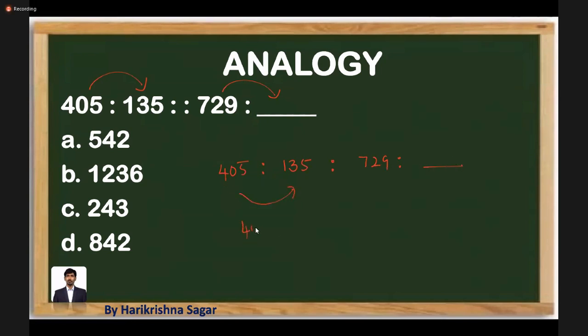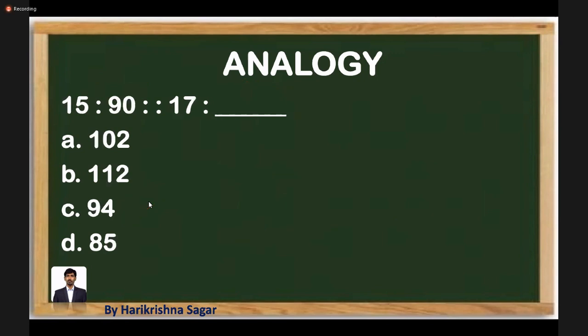But if you observe, 405 divided by 3: 3 ones are 3, 3 fours are 12, 3 fives are 15. We are going to get 135. 729, when we divide with 3: 3 twos are 6, 3 fours are 12, 3 threes are 9. You are going to get 243. You can mark it as answer choice.